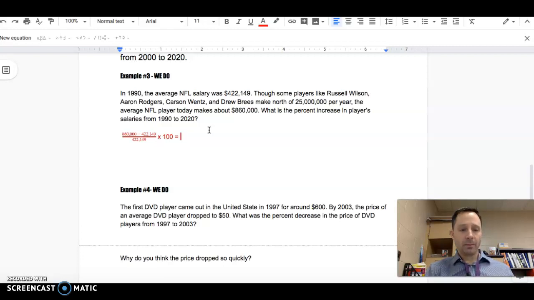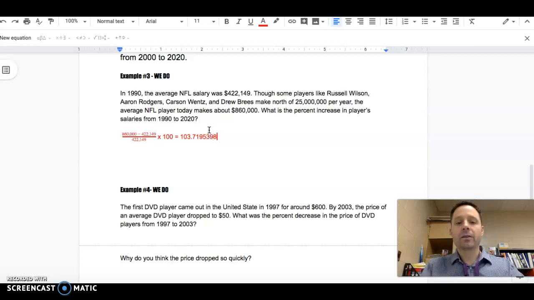Then I'm going to divide by my original amount, which was 422,149, and that will give me a number, and then I multiply it by 100, so I get 100.3719,5398.